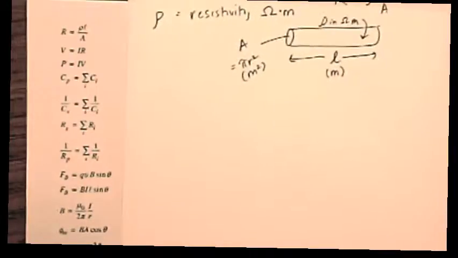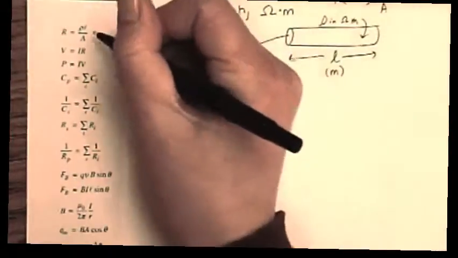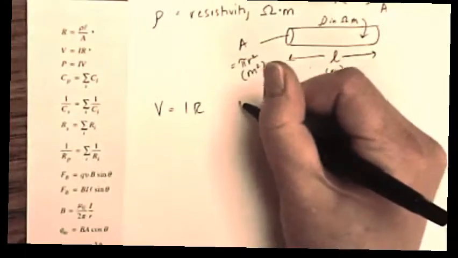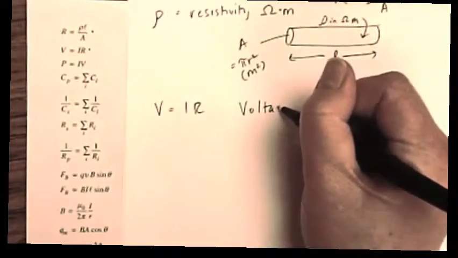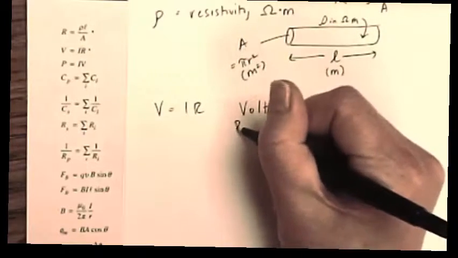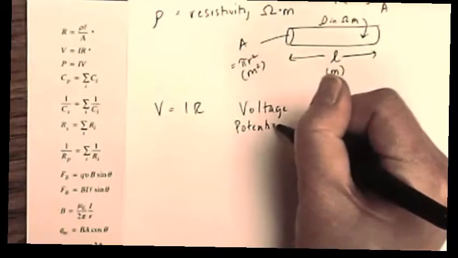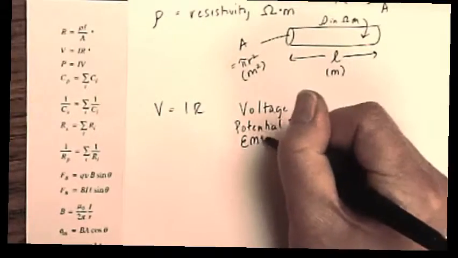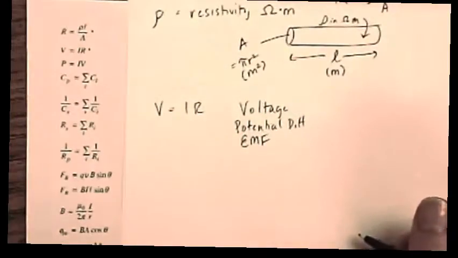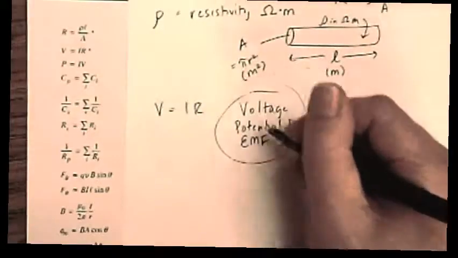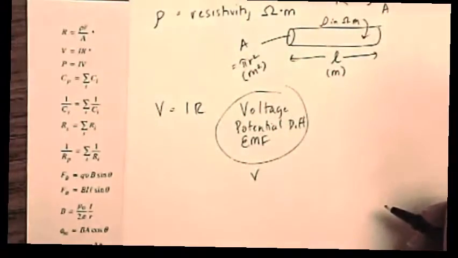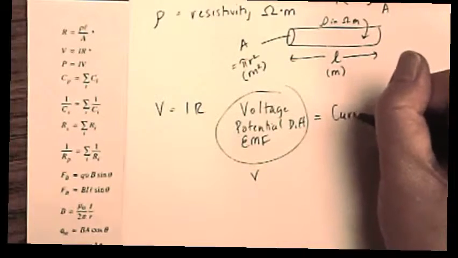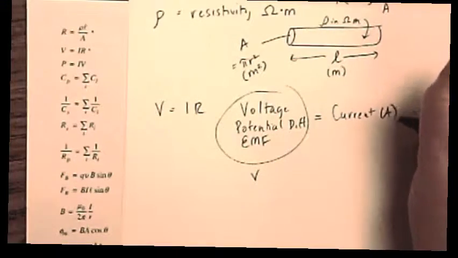Next, let's take a look at Ohm's law. Ohm's law is V equals IR. V stands for voltage, or potential difference, or sometimes it's even called EMF for electromotive force. Those are all the same thing. Those are all V. That equals I, which is current, in amps.